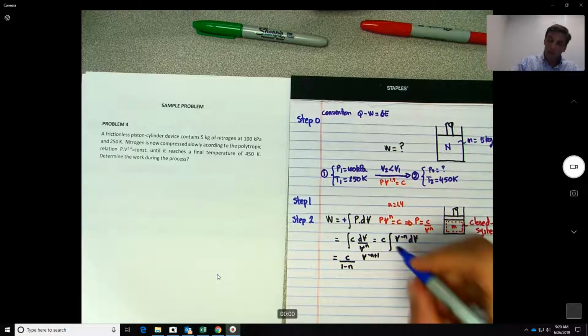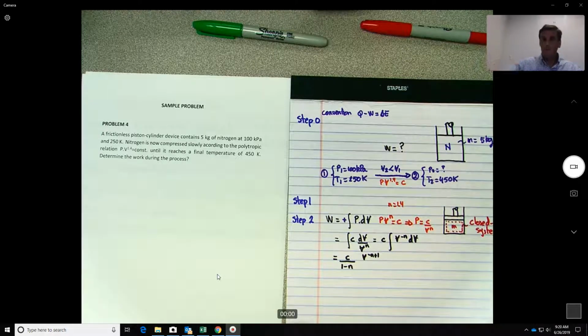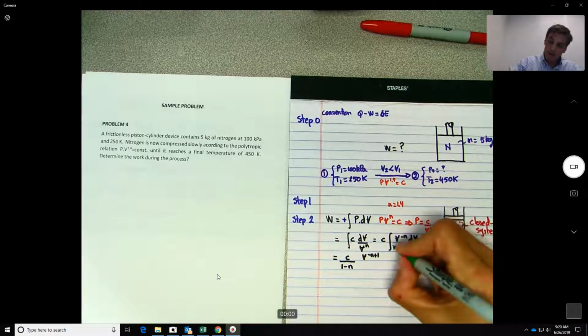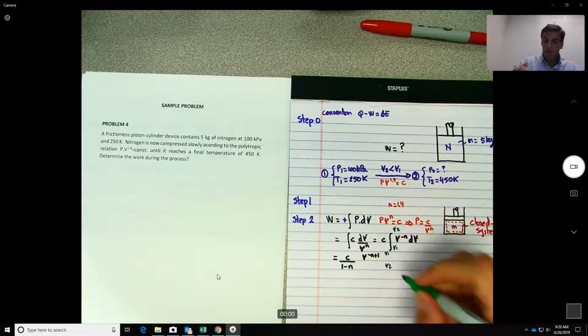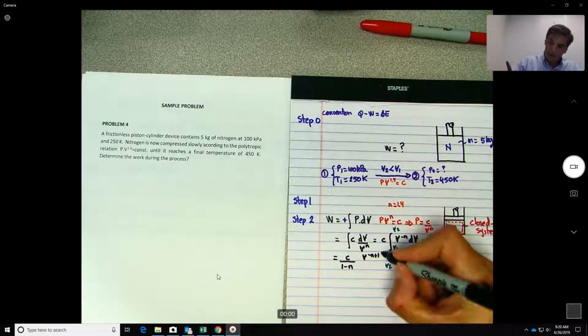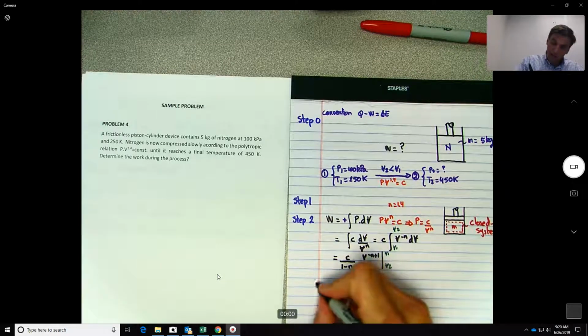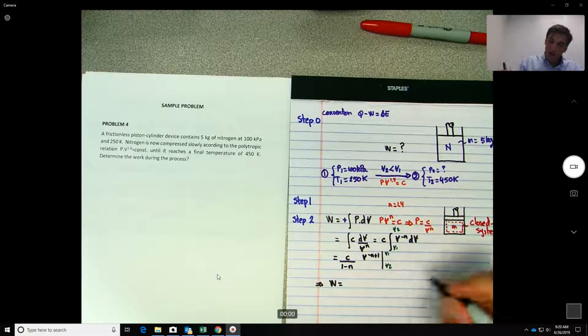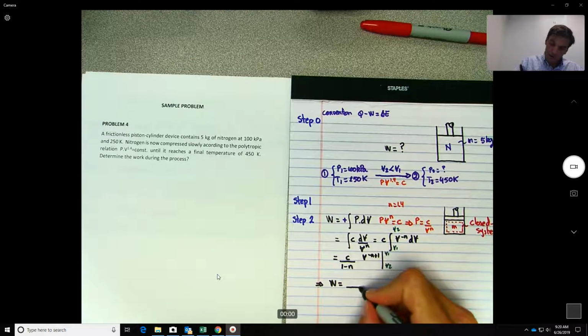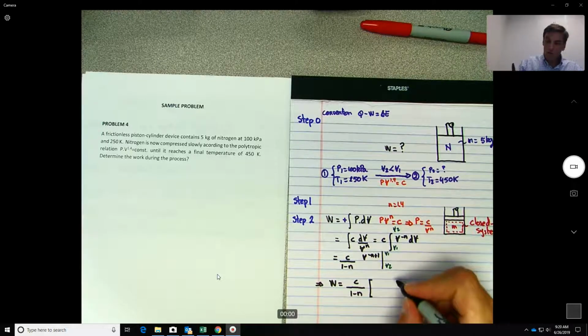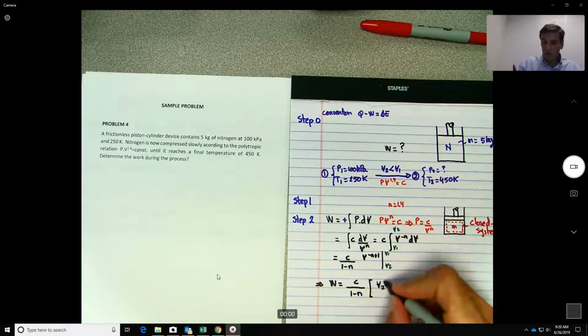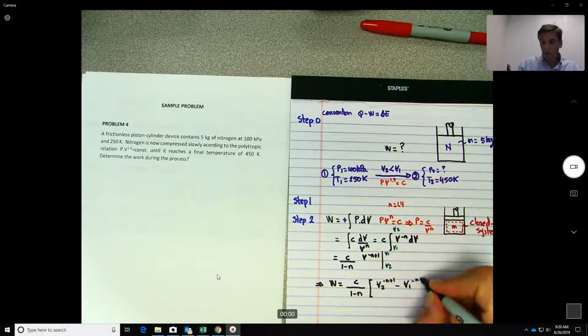And we are integrating this between V1 and V2. So at the end, I will give you that the work equals C over 1 minus n times V2 to the minus n plus 1 minus V1 to the minus n plus 1.